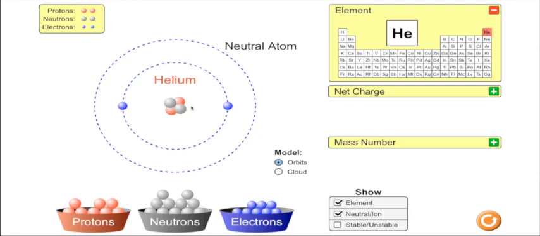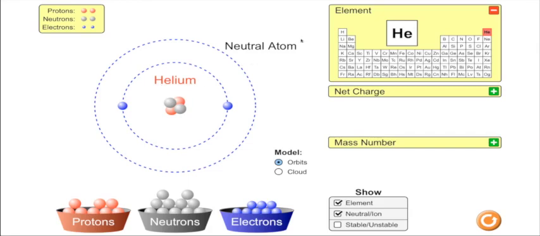So basically right now this is said to be a neutral atom because we have an equal number of electrons, which are negative, and protons, which are positive. So 2 positives and 2 negatives cancel out each other. We have a neutral atom because the neutrons do not have a charge, and this will be an atom of an element called helium.